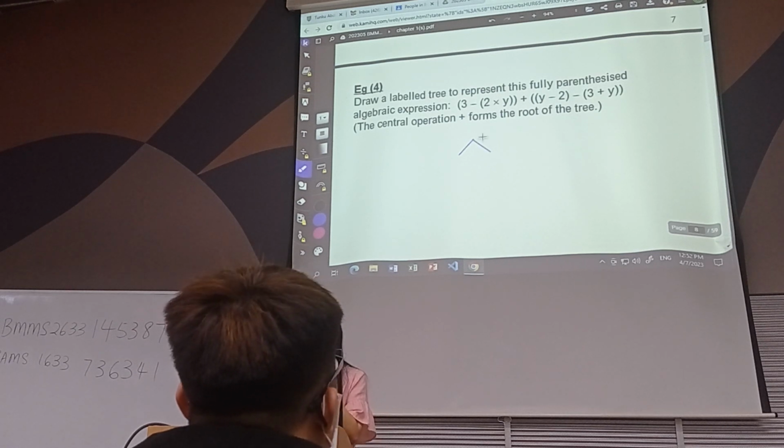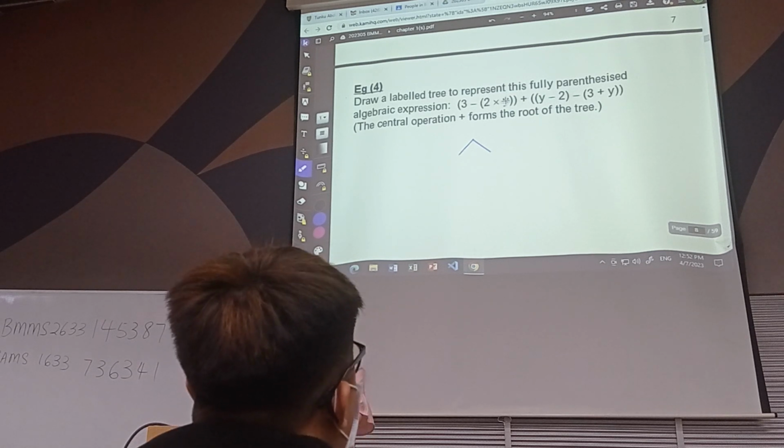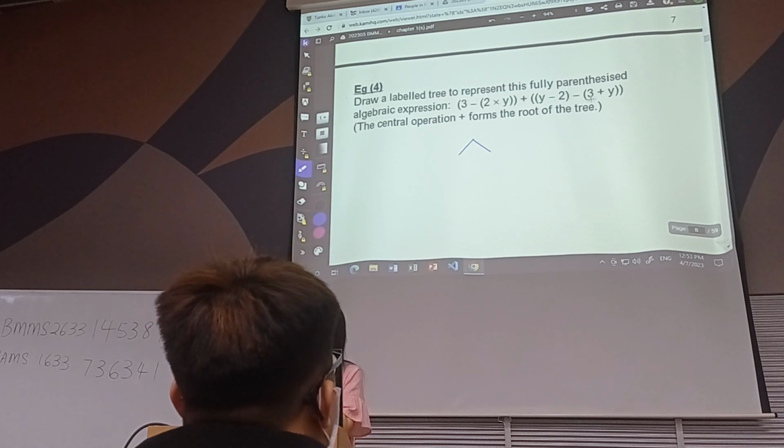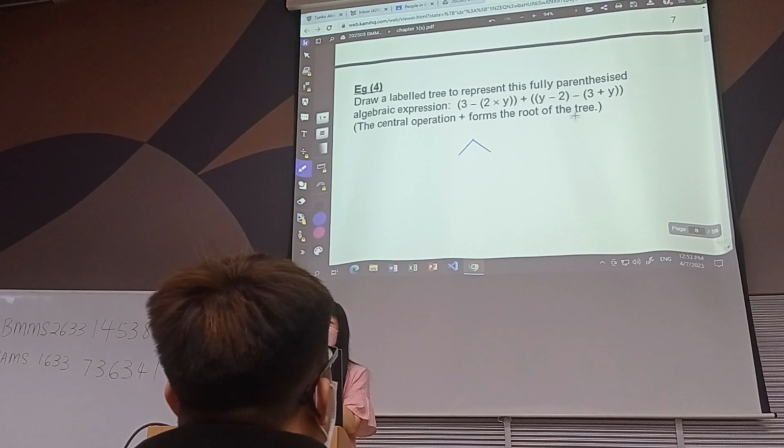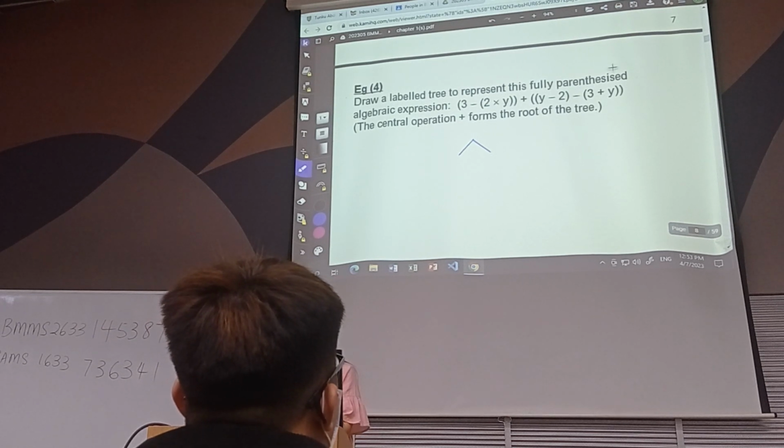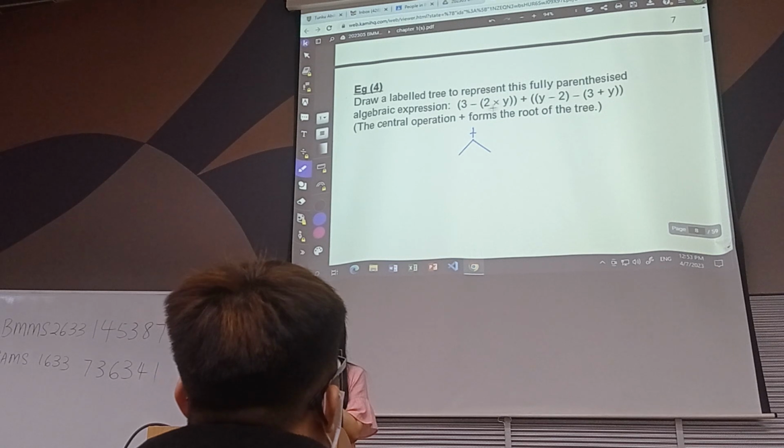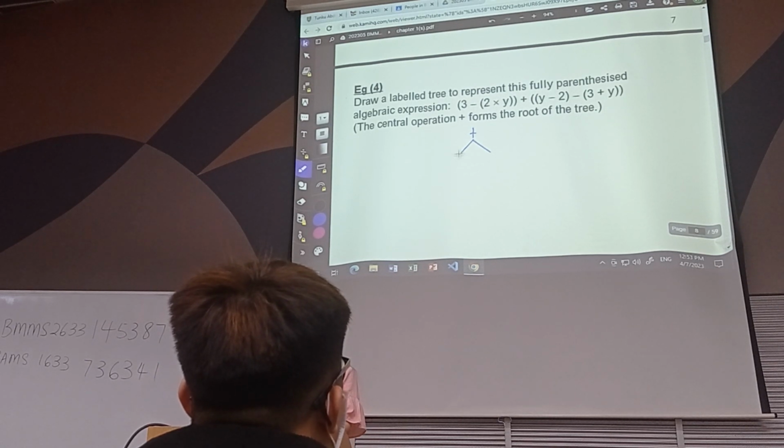Then we will go to the left and right. So the middle is plus, right? Okay. Plus is the root now, meaning that the left hand side of all these brackets will be the left hand side of the plus.